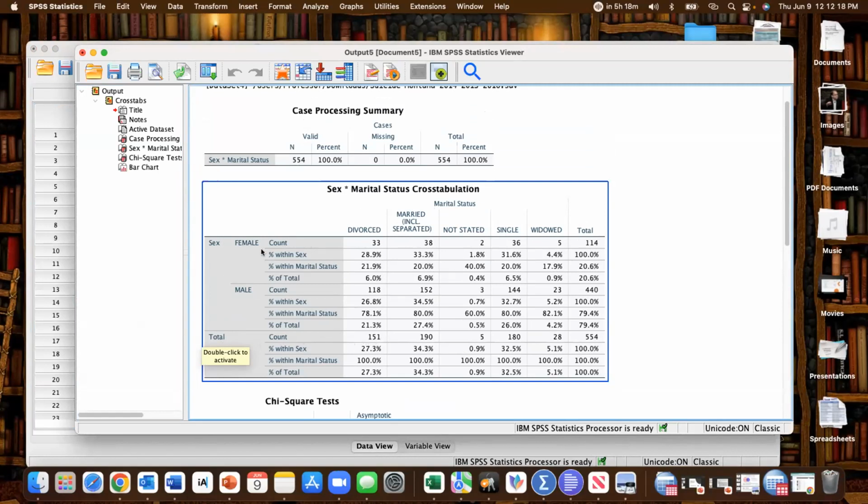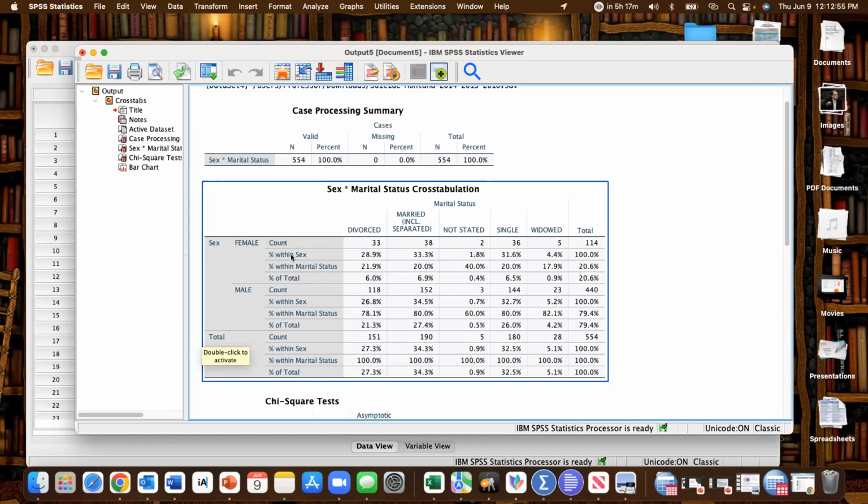So to explain these percentages, let's take this first row, the divorced row, as an example. We can see that there were 33 females and 118 males that were divorced and ended up ending their life.